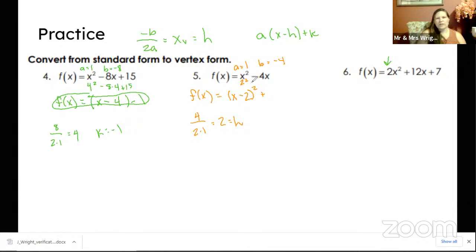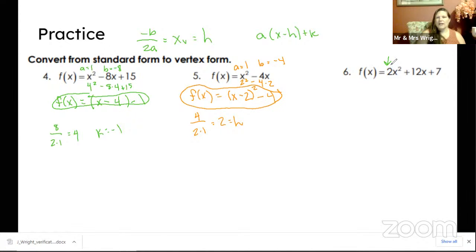So 2 squared minus 4 times 2. 2 squared is 4 minus 8. This should be -4, but let me just double check that in the calculator. 2 squared minus 4 times 2 is -4. So again, I'm going to erase this and write -4. And so this is my final answer.